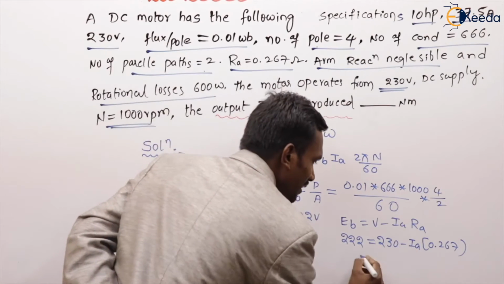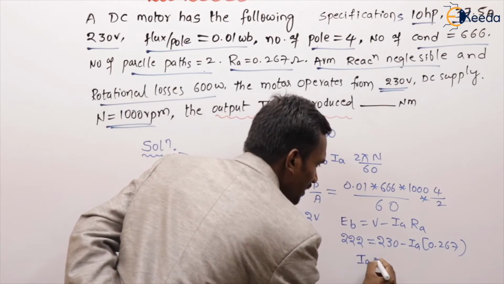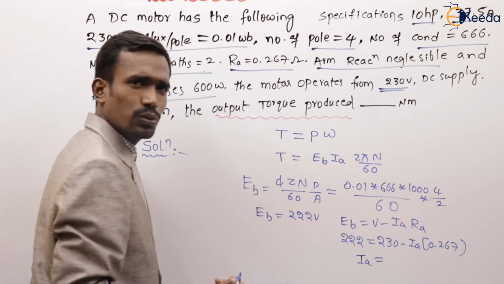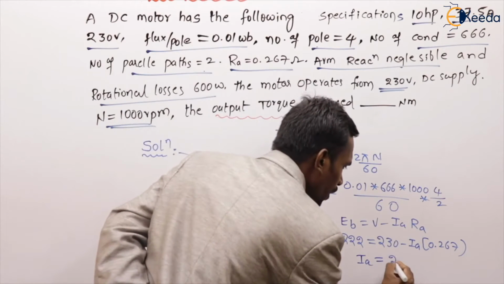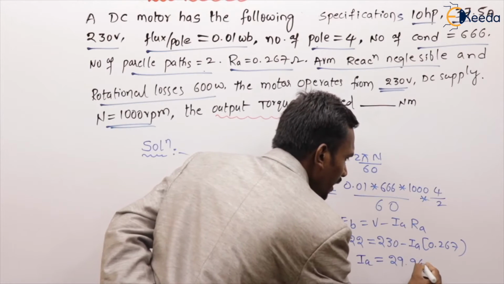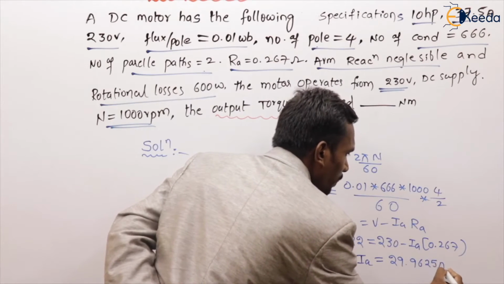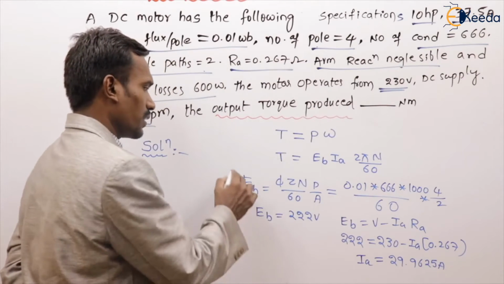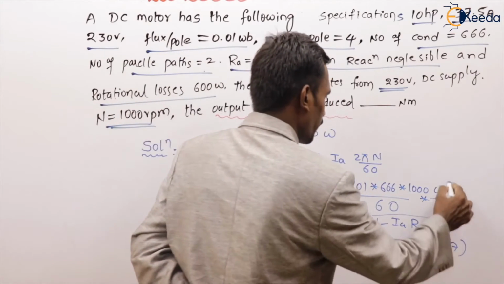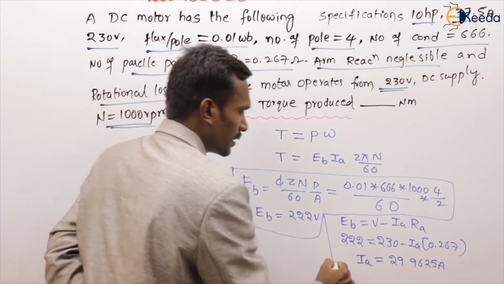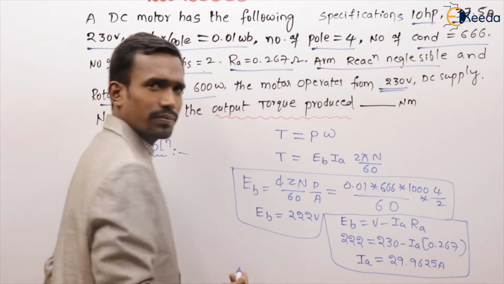If you calculate this, you get IA equal to 29.9625 amperes. This is our EB back EMF and this is our armature current.